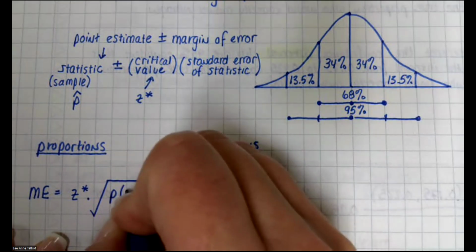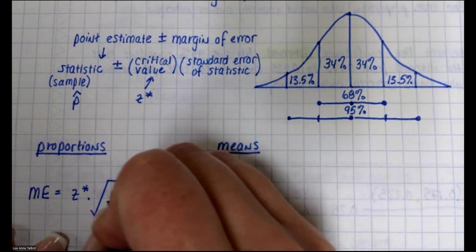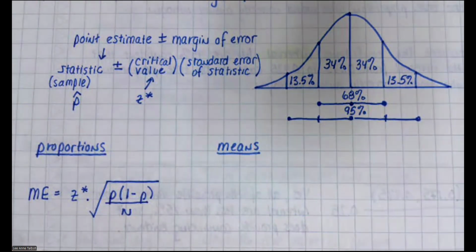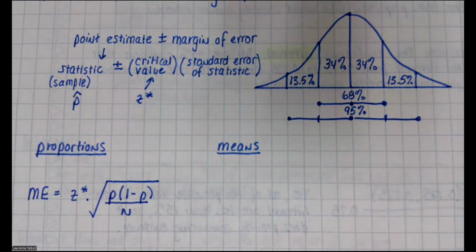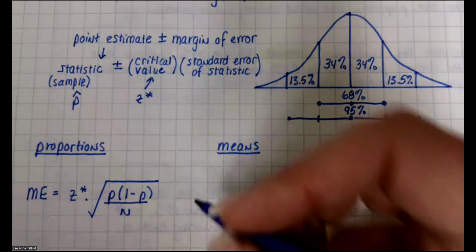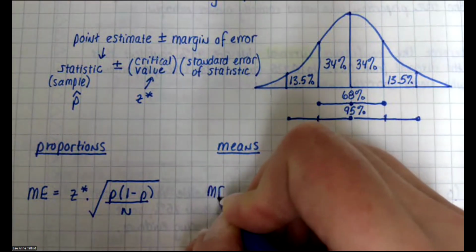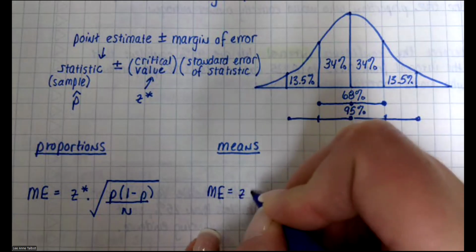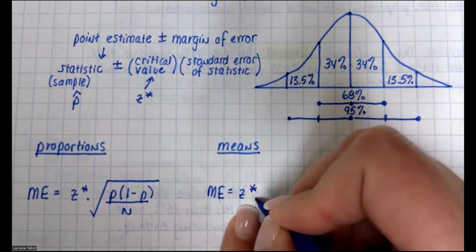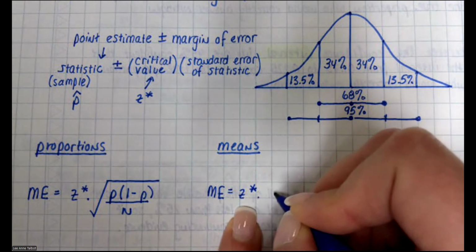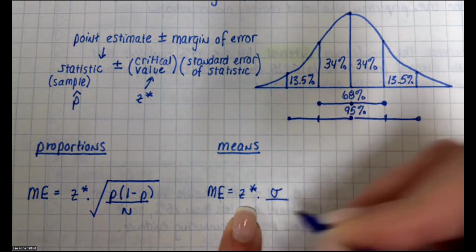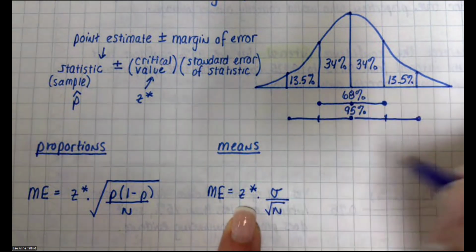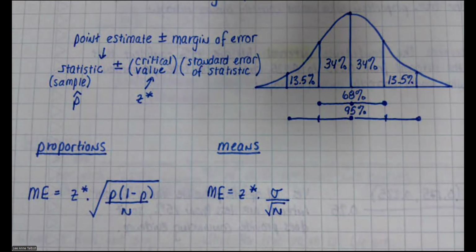Do you guys remember? It's P times 1 minus P over N. That's from chapter 7. Do you guys have a recollection of that from chapter 7? If you don't, it's okay. The one for means is Z star, so number of jumps, and the standard deviations are standard deviation over the square root of the sample size.